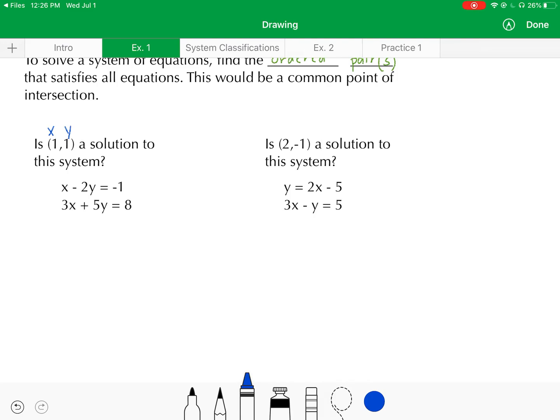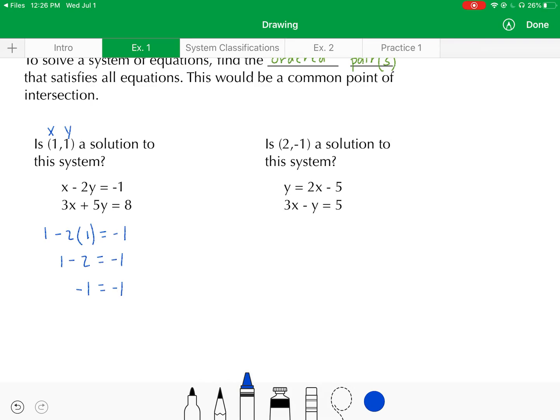Let me start with the first equation, the top one, x minus 2y equals -1. If I make x 1 and I make y 1, let's see if I get a true statement. Absolutely. 1 does in fact equal -1.